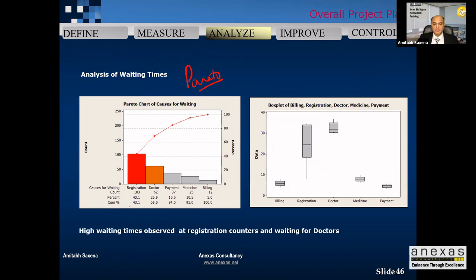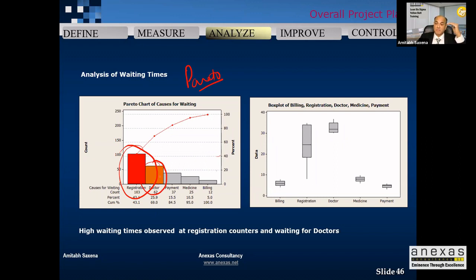So here the 80-20 rule means, if I look at the waiting time, 40% of the total waiting time is going into the registration counter. Okay. Maybe there are too many patients. And then 20% of the time is going to doctors.